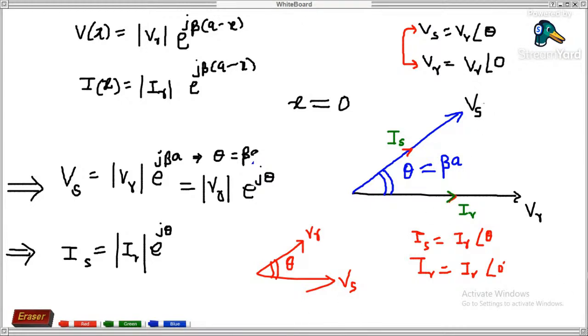Fine. In this diagram, you can observe that VR and IR both are in phase. Similarly, VS and IS both are in phase.